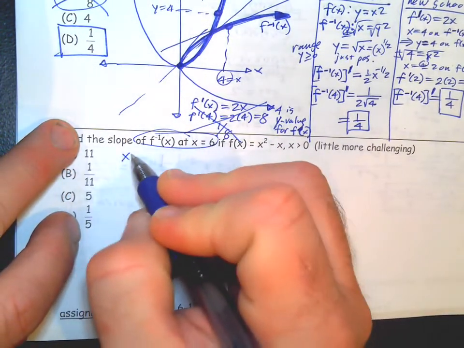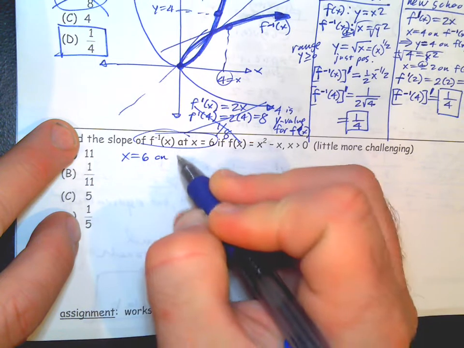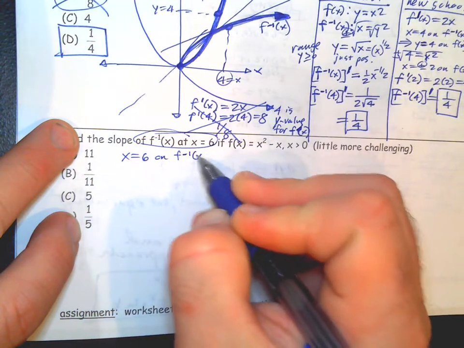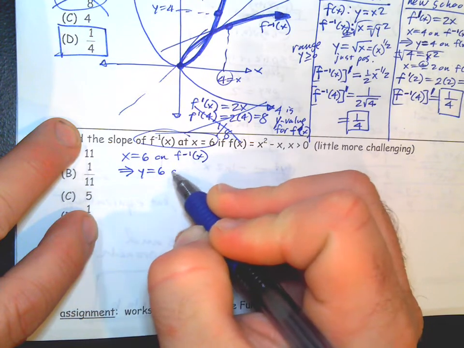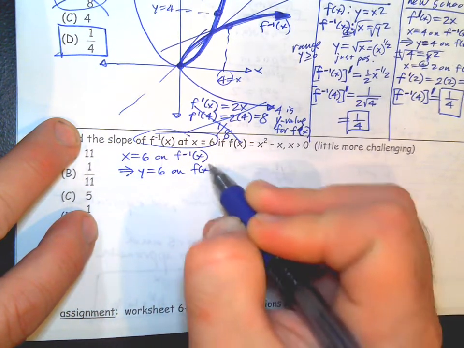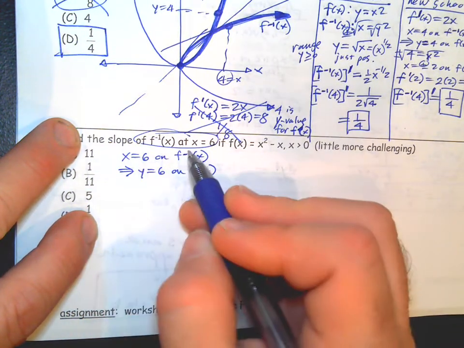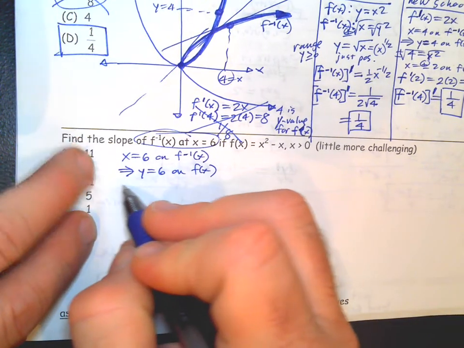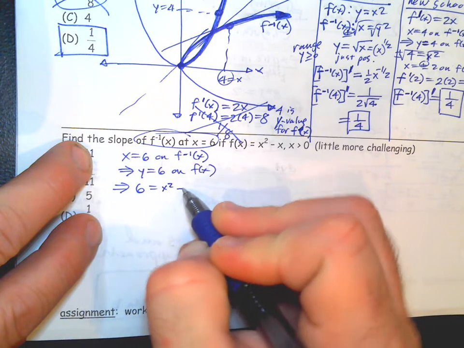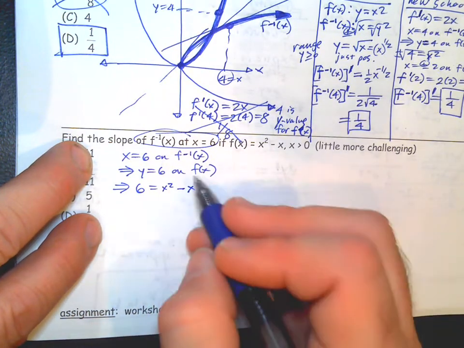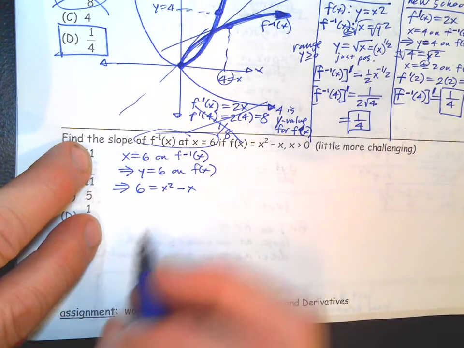So x equals 6 is on the inverse function, right? Which means that y equals 6 is on the original function, right? What's x on one becomes y on the other, which means we could then find what x value is on the original function.